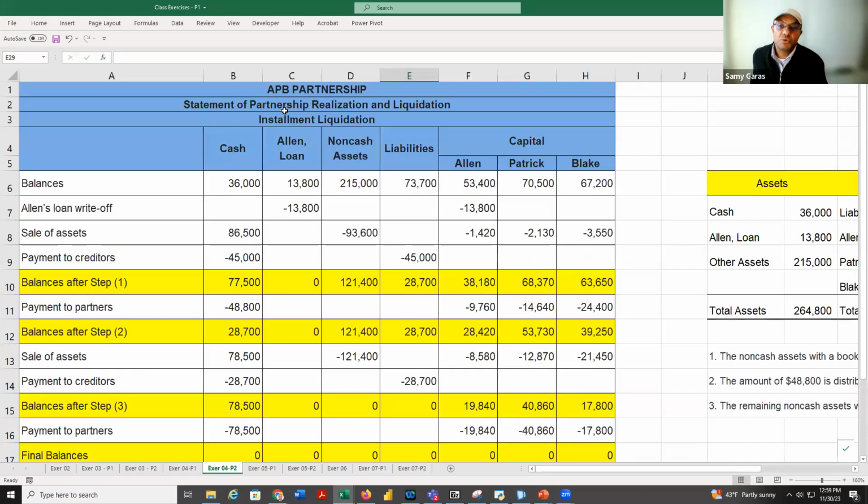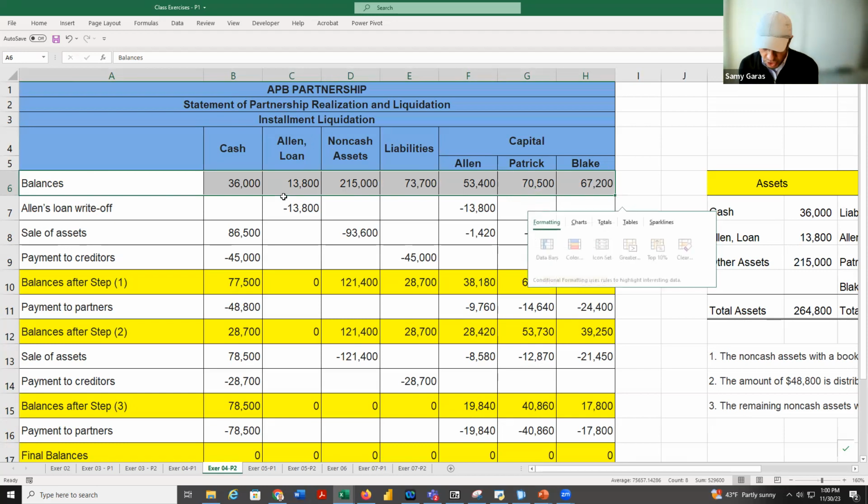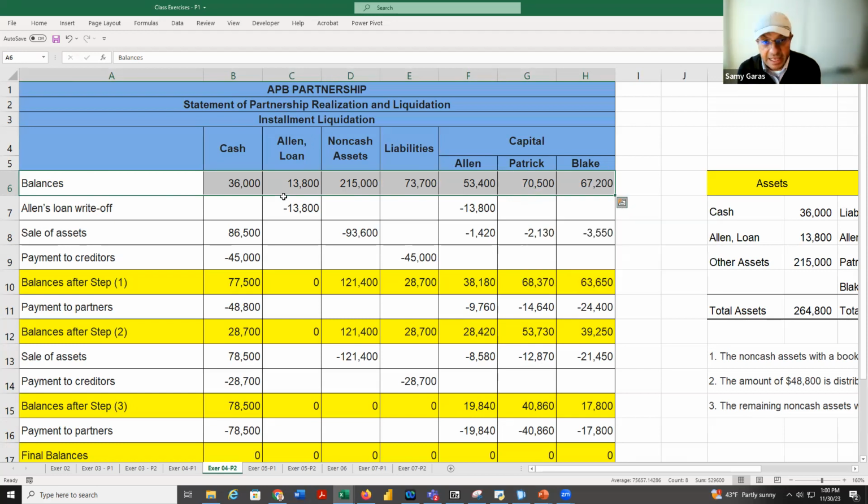So now we need to do again the statement of realization and liquidation. Here you can see that we get the balance from the balance sheet. Then we need to write off Alan's loan, which should reduce his loan and his capital. So his loan will become zero and his capital also will become zero.